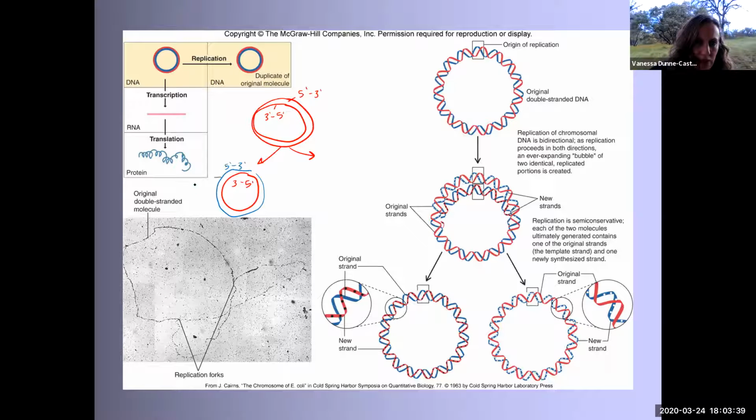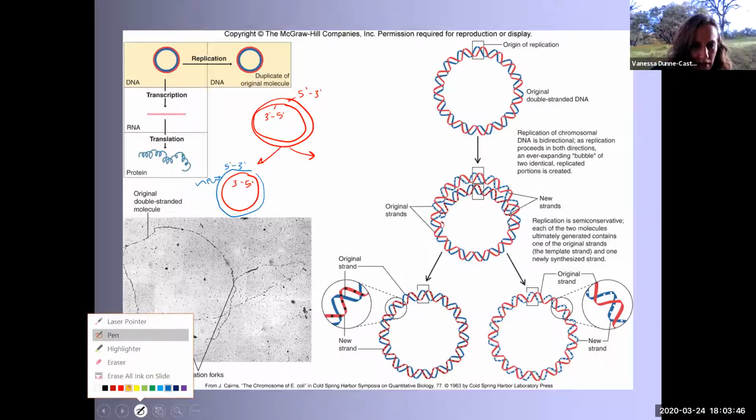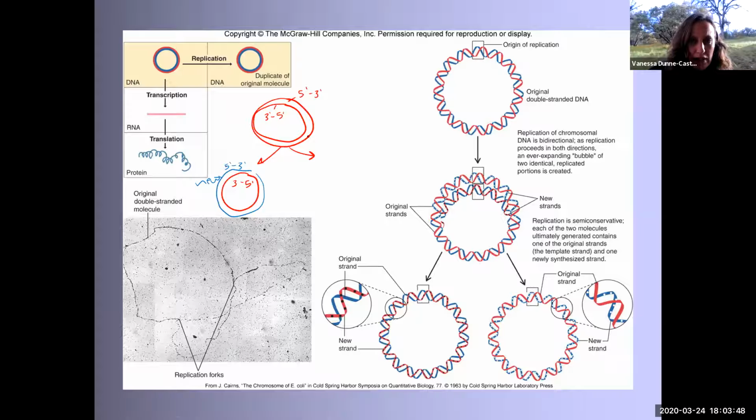So blue would be the new strand, and red is the old strand. Over here on the other strand that is generated from this replication event, if this was the template for this new strand, then we have the outer template 5 to 3. The outer strand is our template here.